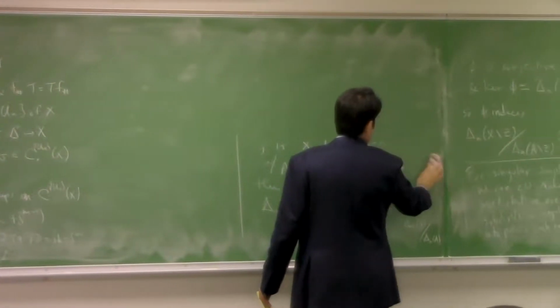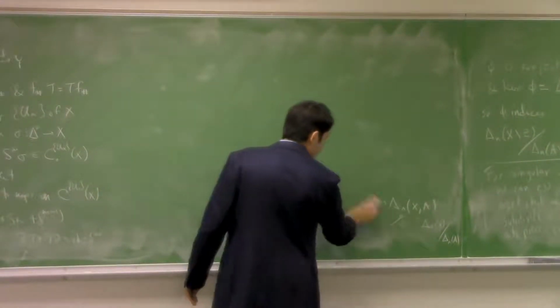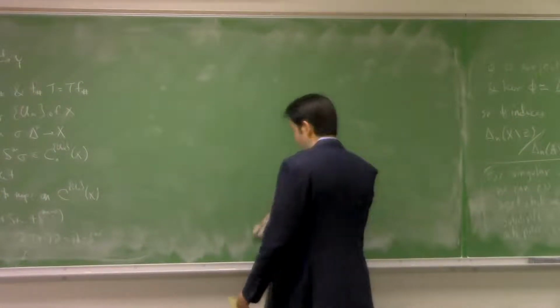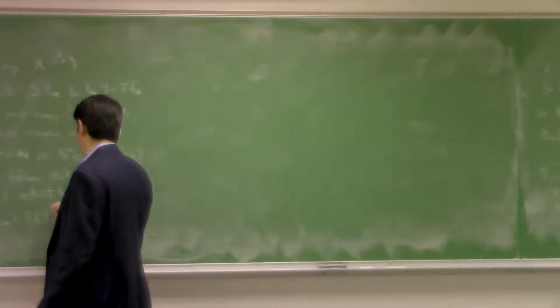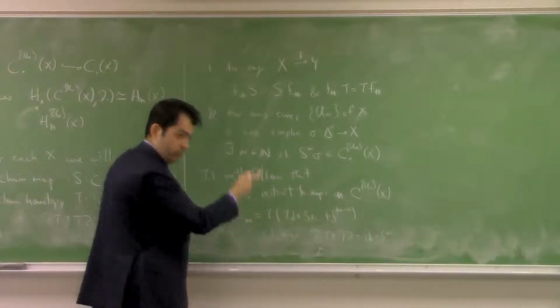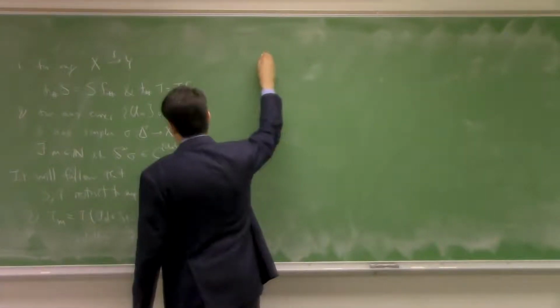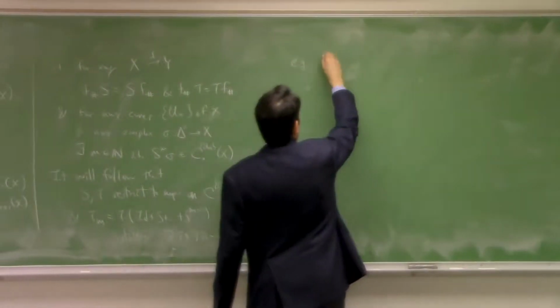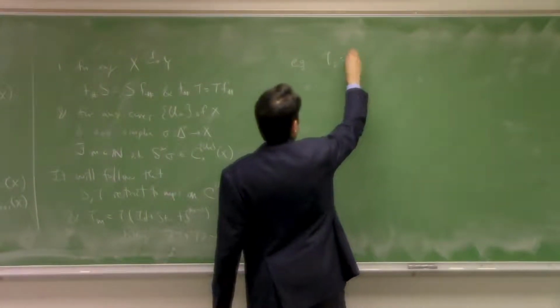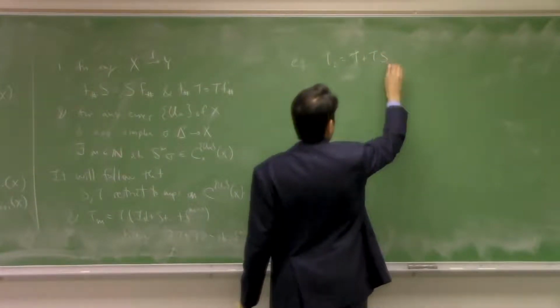When you say it will follow, you will show explicitly that it will follow? Yeah. This one should be clear, and this one will be clear if I write it. Let's do the case m equals 2. So, e.g., T2 is equal to T plus TS.